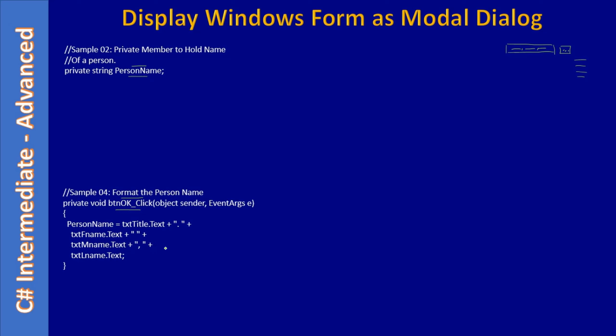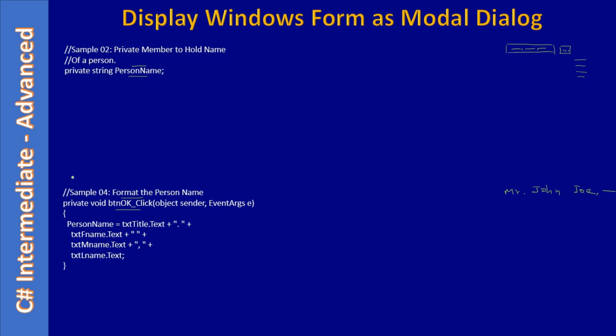Some format here we are choosing. That means, for example, the title, right, Mr. John Joe, space, some other name, and the last name. So what's important here is that we are handling the event routine for OK, and we are populating this person name with some formatted information.